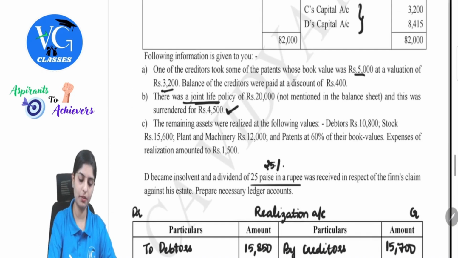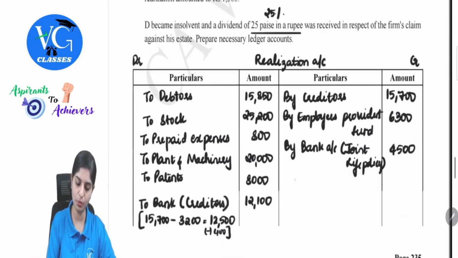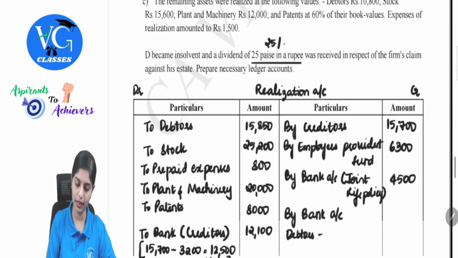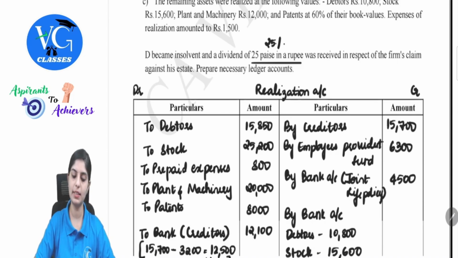Next, we have the remaining assets. Debtors 10,800. So by bank, debtors 10,800. Then we have stock 15,600. Plant and machinery 12,000. Patents at 60% of their book value.